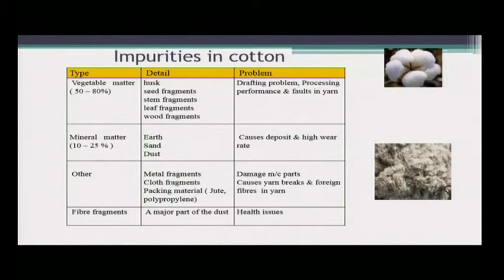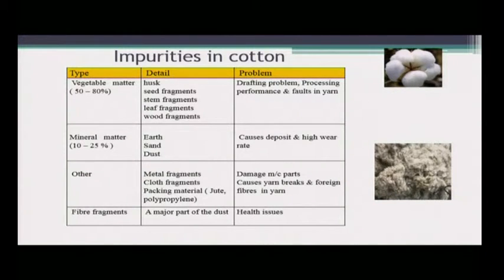Any fine fiber that we see spoils the appearance of the yarn, and when the yarns are converted to fabric and the fabric goes for processing, the cotton fibers get dyed in one way, but the jute fiber or polypropylene fiber will not get dyed in a similar way. So they create basically streaks in the fabric, leading to quality deterioration of the fabric.